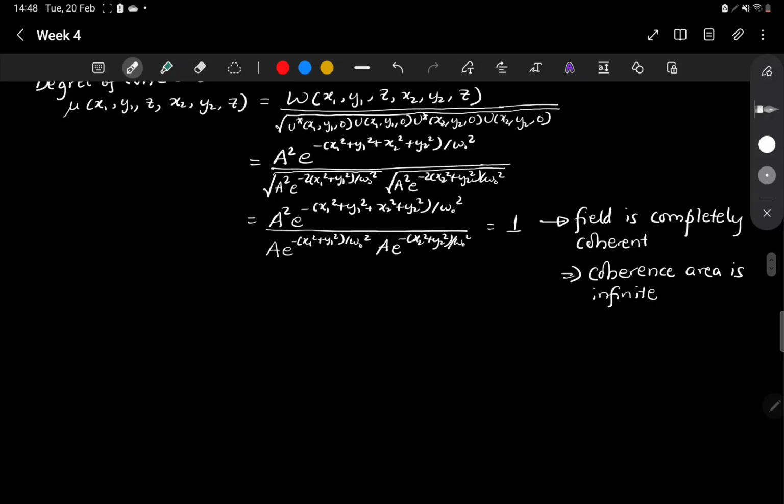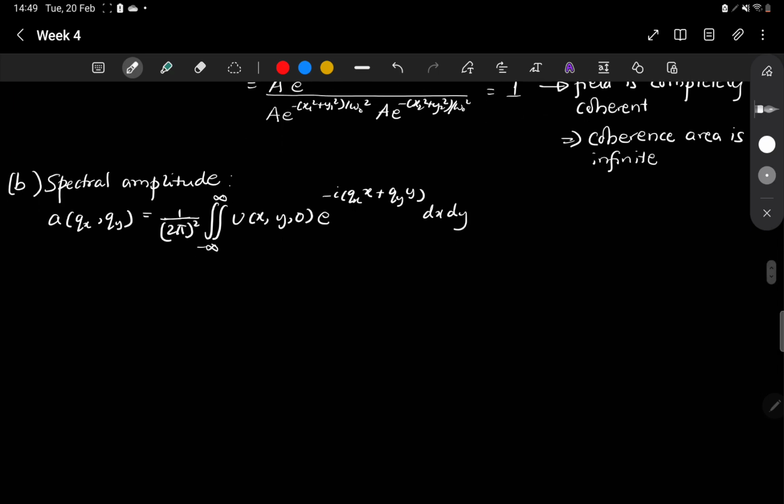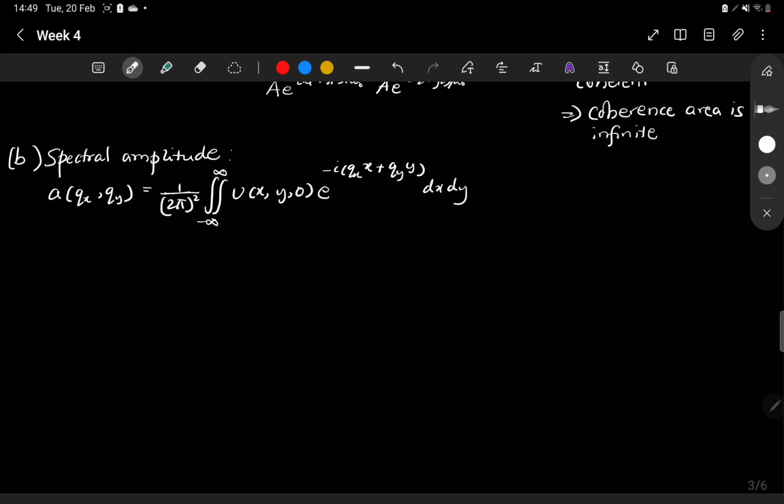Next part is to find the spectral amplitude. This is how we find spectral amplitude from the field amplitude.